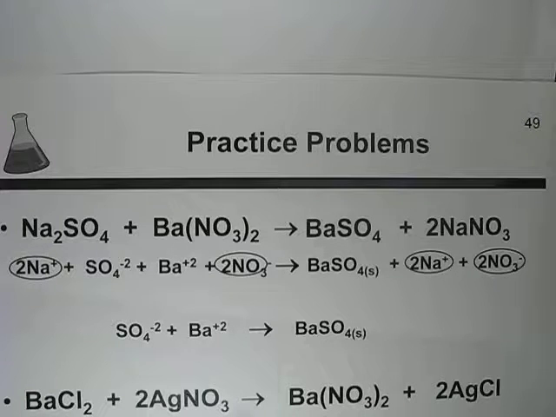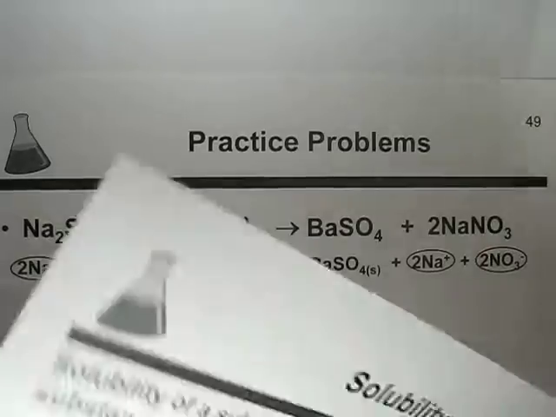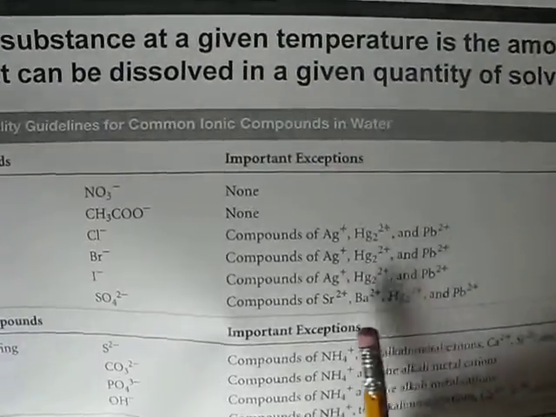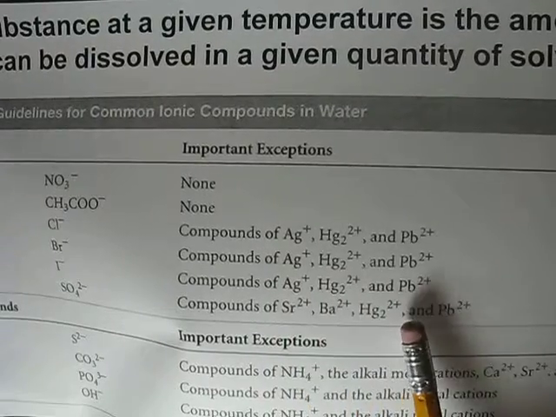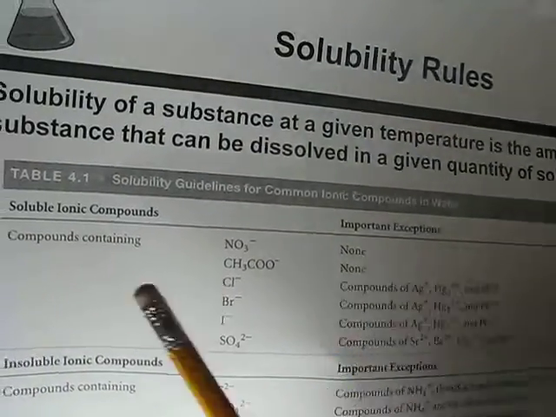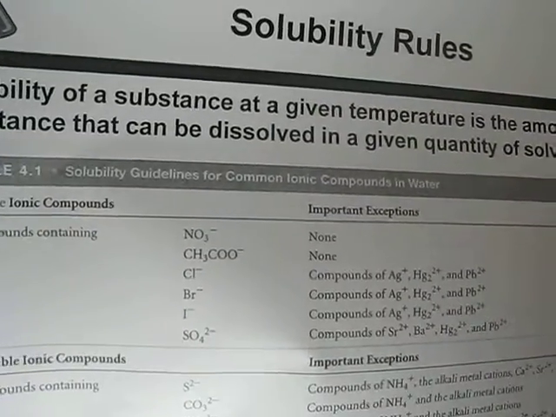If you remember this slide, it says sulfates of strontium, barium, mercury and lead are exceptions from the soluble ionic compounds.